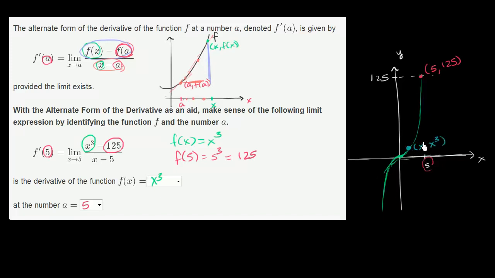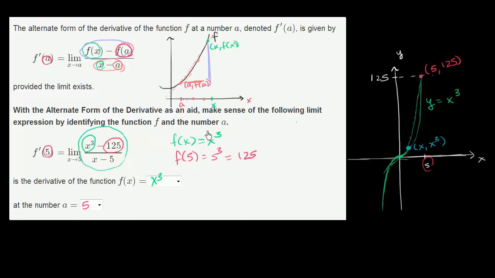We know that f of x is equal to x to the third. And let me make it clear, this is the graph of y is equal to x to the third. And so this expression right over here, all of this, is the slope between these two points.